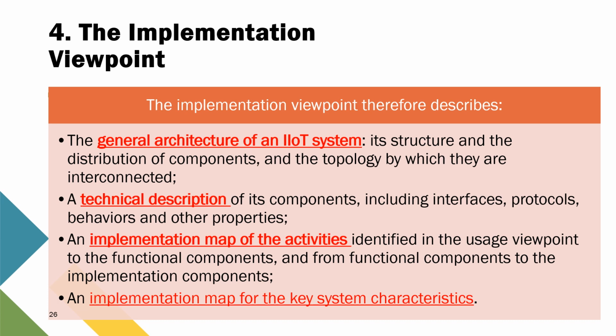So in this implementation, they will map the activities identified in the usage viewpoint to the functional components, and from functional components to implementation components, to see what kind of activities are supposed to be created for implementation. And then an implementation map for the key system characteristics will also be needed.